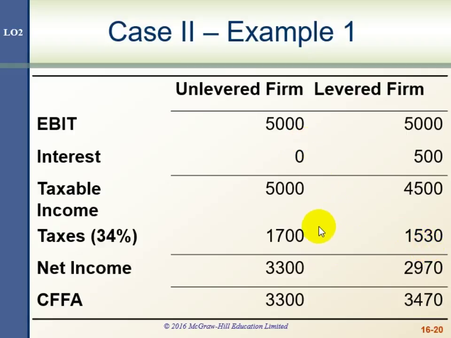So 5,000 minus 1,700 is 3,300. In an all equity firm, the cash flow from assets is essentially the net income calculation because there's no interest involved. In the levered firm, we have 5,000 in EBIT minus 1,530 in taxes. So the cash flow from assets is actually 3,470. And so we have an increase of 170 due to the decrease in taxes. So 500 times 34% would be the difference of 170.